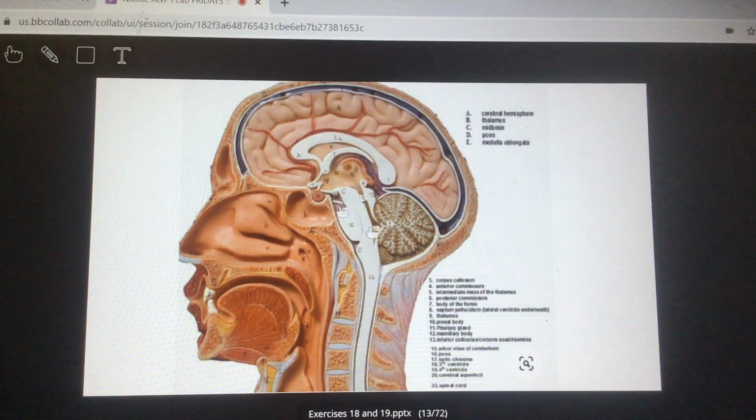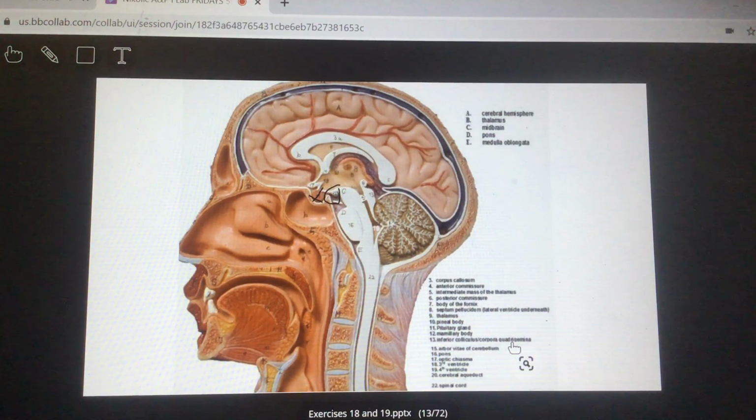Okay. So I'm going to use the pituitary gland as my basis for the mammillary body and the optic chiasma. So this is the pituitary gland in the middle, right there. Posterior to the pituitary gland is the mammillary body.